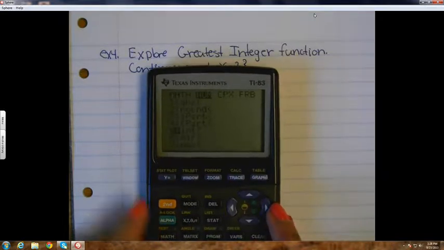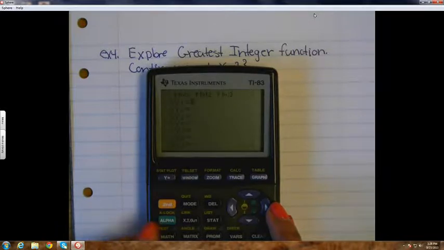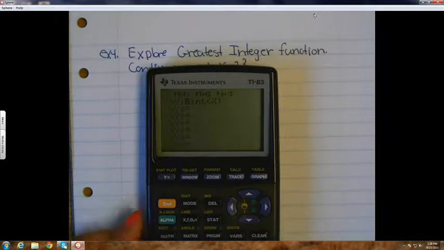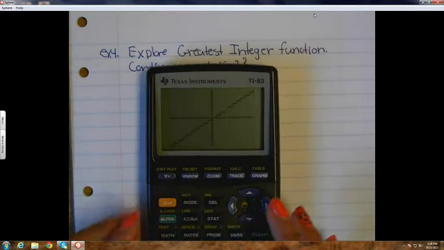Oh, but I gotta be in the y equals. Alright, try that again. Math, over to num, down to number 5, x. We're just gonna take a look at the graph, and then I'm gonna tell you what it's doing. Do a zoom, x. I want to get less of this in here so you can really tell what's going on.